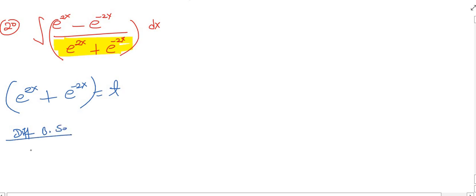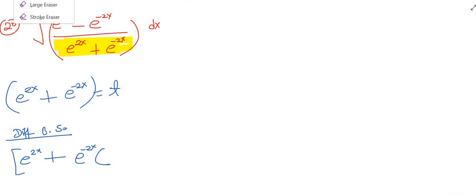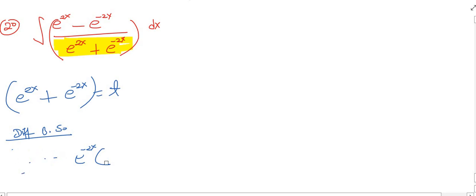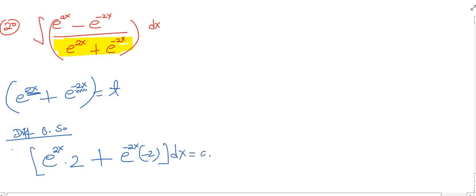I will get e raised to power 2x plus e raised to power minus 2x into, when we differentiate, we have to apply the chain rule, right? So let me apply the chain rule. e raised to power 2x, and the derivative of 2x is 2, plus e raised to power minus 2x, and the derivative of minus 2x is minus 2. Okay, dx is dt. For this you should be aware of the chain rule.